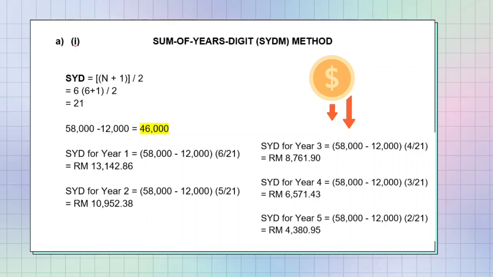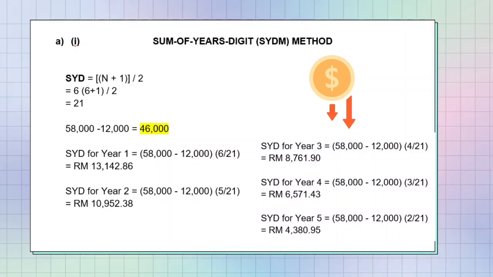After that, the cost of the asset needs to be minus the salvage value, and the answer will be used to calculate the SYD for year 1 until year 5. So for SYD for year 1, in the bracket is 58,000 minus 12,000, multiplied by 6 divided by 21. The method will be the same from year 1 to year 5, but the only difference is the rate. The rate will decrease one by one each year.